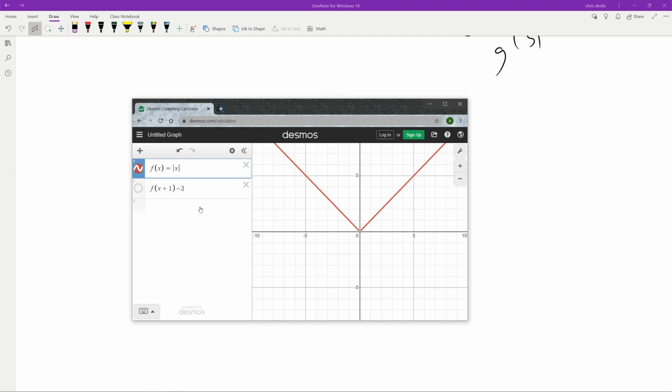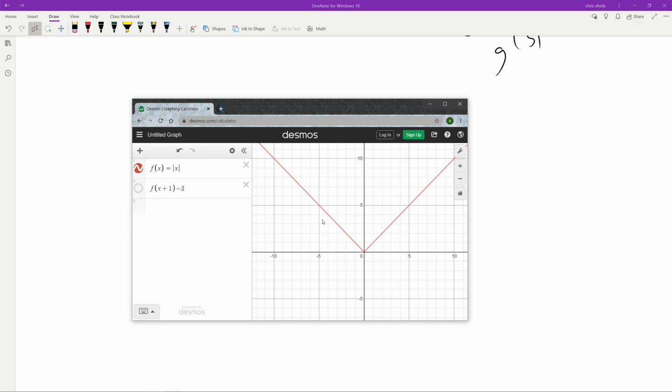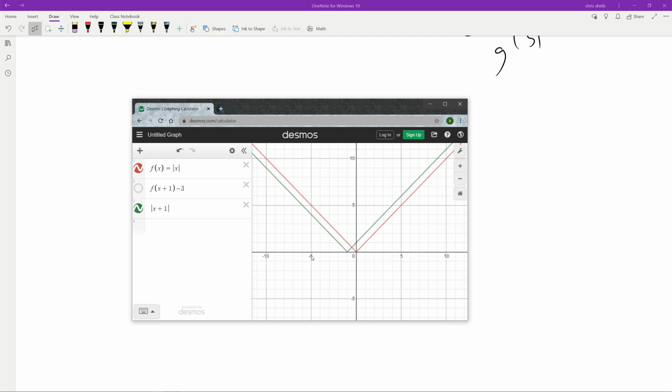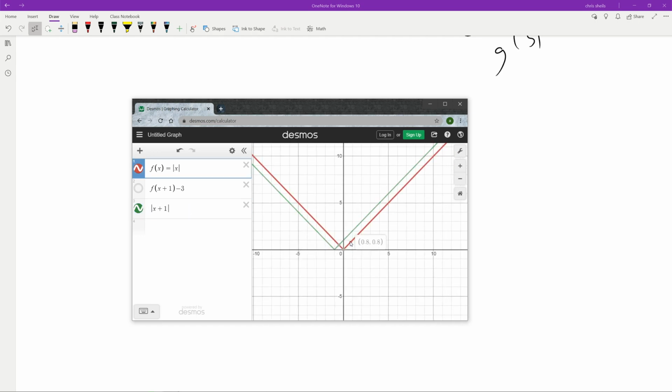So I could break this down. Like if I were sketching this by hand, I could break this down by each of these transformations. I could do these individually, right? Just so I could maybe see how each of these is affecting the graph of this function. So I could do absolute value of x plus 1 first. And notice that absolute value of x plus 1, this is the green graph. So from the red graph on the right to the green graph on the left, I shifted left 1 unit.